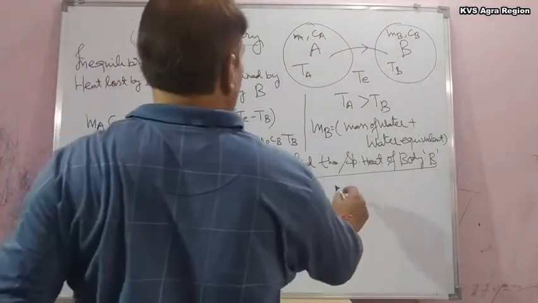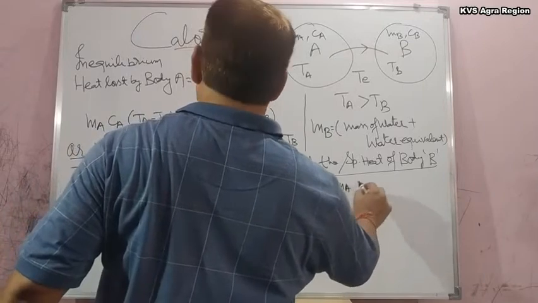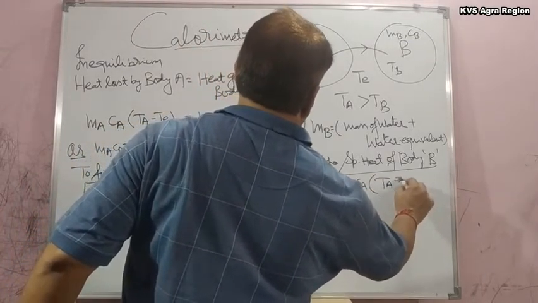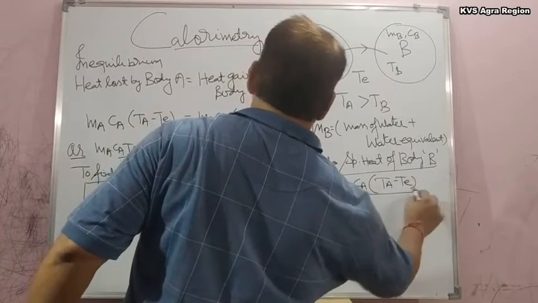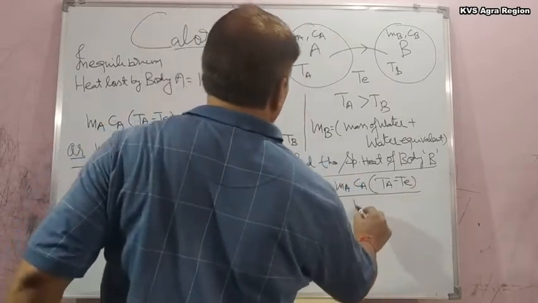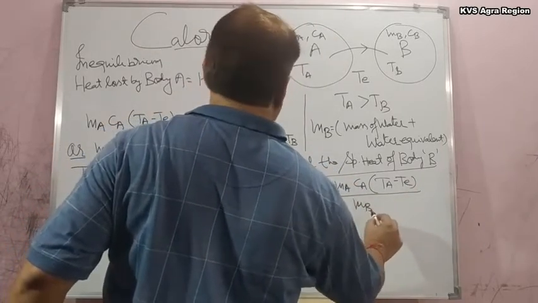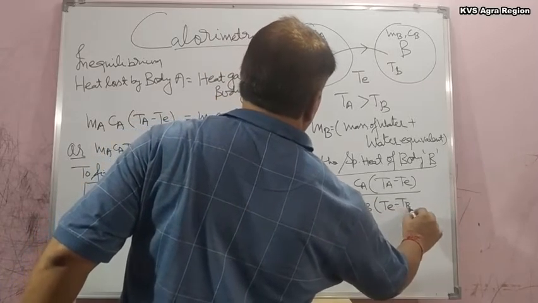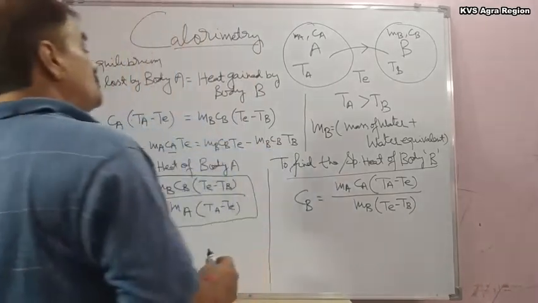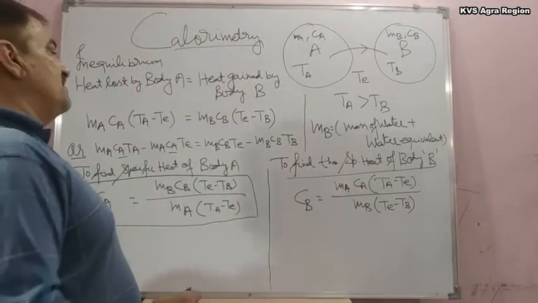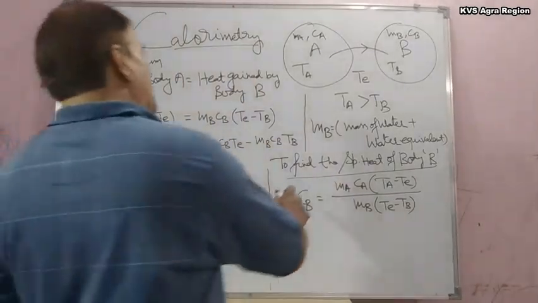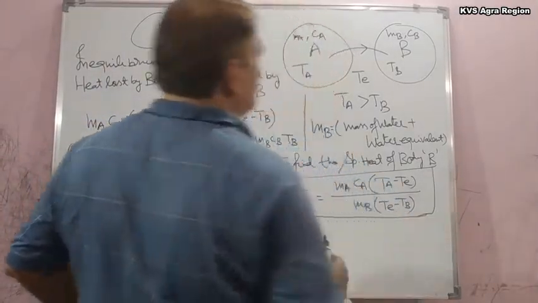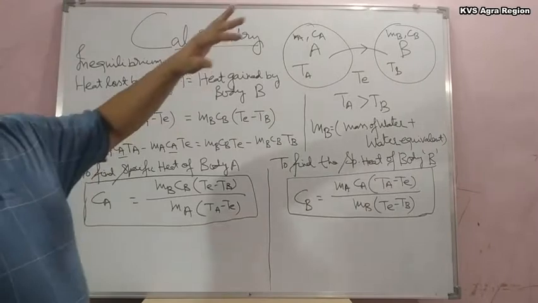So CB equivalent to MA CA (TA minus TE) upon MB (TE minus TB). Using this relation, we can find the specific heat of body B, which will normally be a liquid.